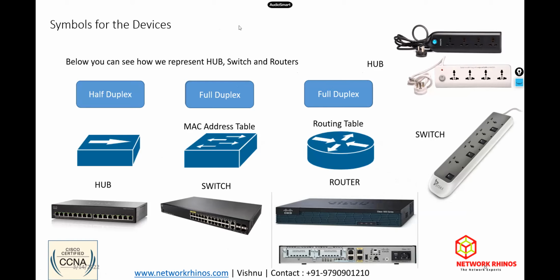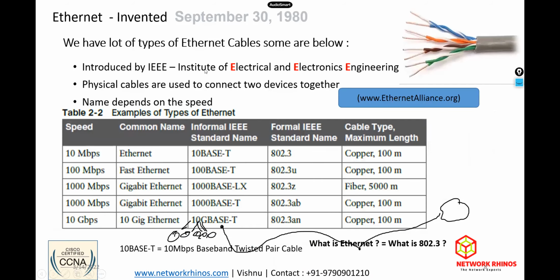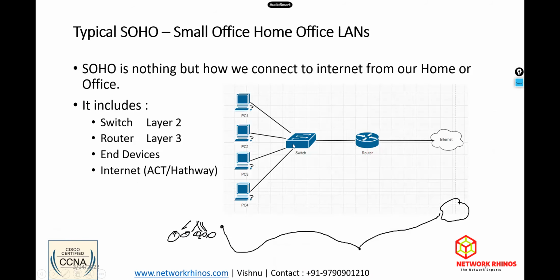I'll be connecting 5 computers to 5 switch ports. From the switch, I will take one connection to the router, and from the router to the internet. So I'll be connecting 5 computers like this: 1, 2, 3, 4, 5. This is called a small office, home office LAN setup, how we connect our computers to the internet. It's very simple: 5 PCs, switch, then router, then internet.